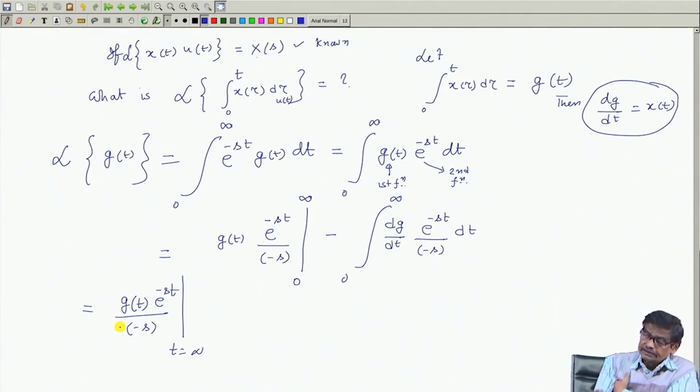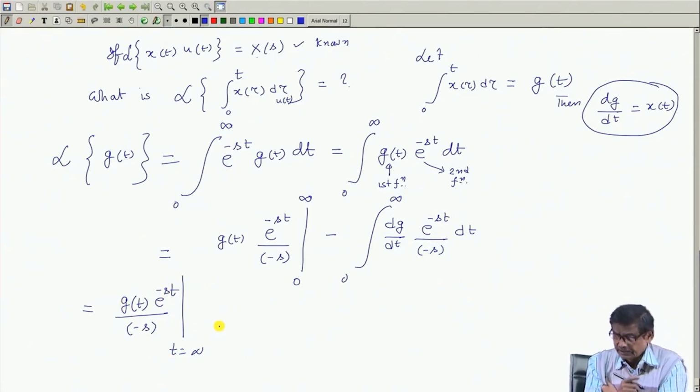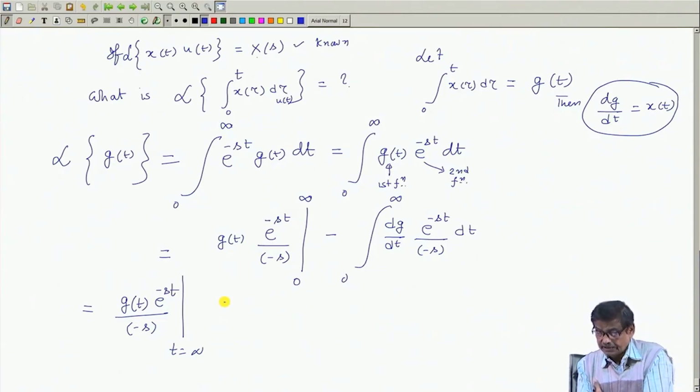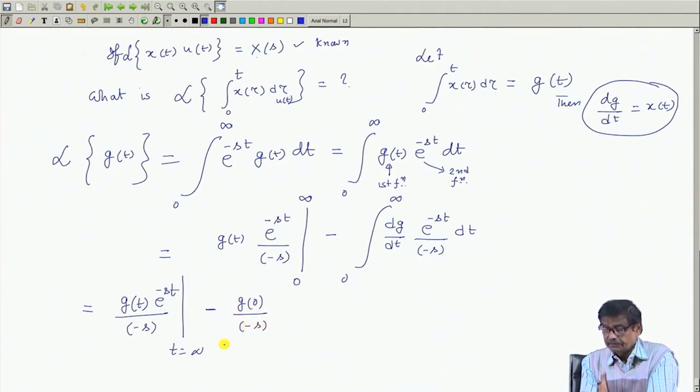As t tends to infinity, that e to the power minus sigma t will vanish, no matter what the functional value of g(t) at t equal to infinity. This will make it 0. In the same way, minus this I have to evaluate at t equal to 0, that is very easy, 0 divided by minus s, is it not? Put t equal to 0 and get this.